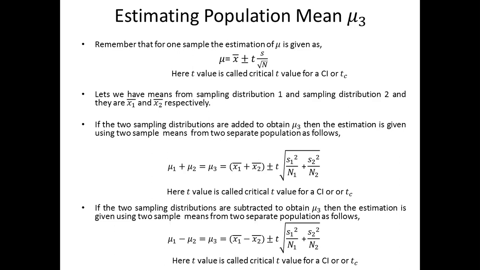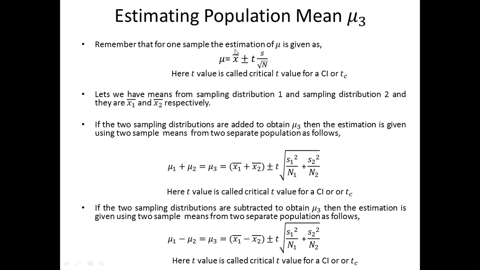Let's say we have means from sampling distribution 1 and sampling distribution 2, and they are x1 bar and x2 bar respectively. If the two sampling distributions are added to obtain mu3, then the estimation is given using the two sample means from two separate populations, making use of this equation as follows: mu1 plus mu2 is equal to x1 bar plus x2 bar plus minus t and the SEM of it.